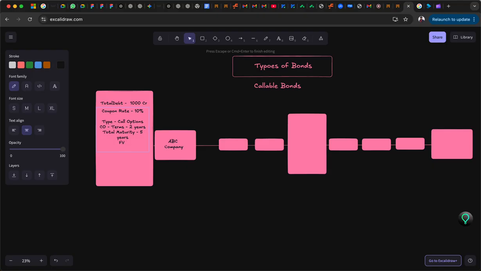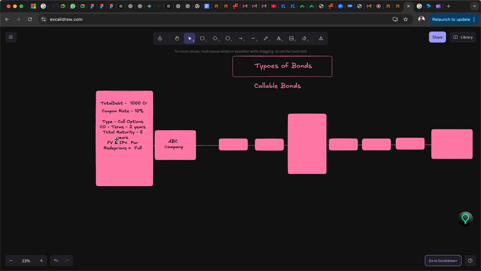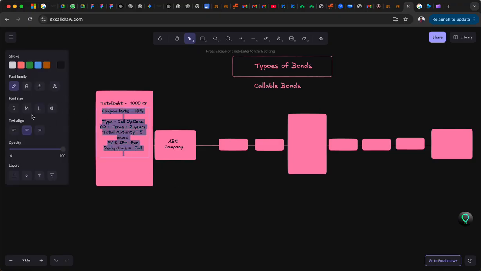Face value and issue price, par. Redemption price, full. So this is how the company designs their investment prospectus. Okay, key terms.